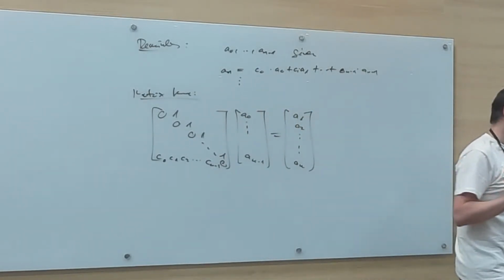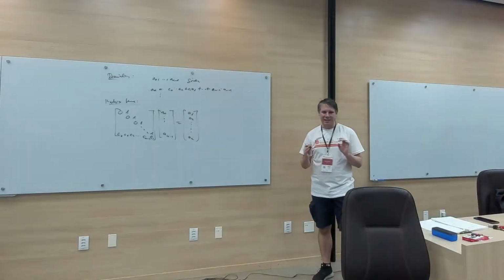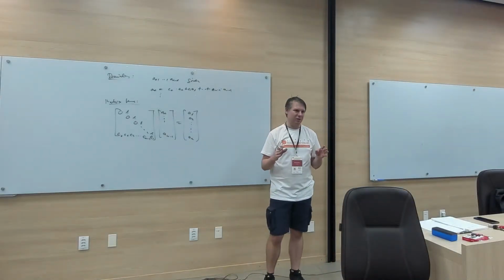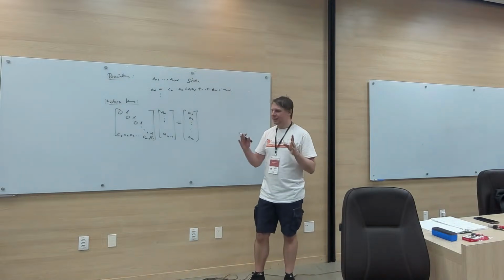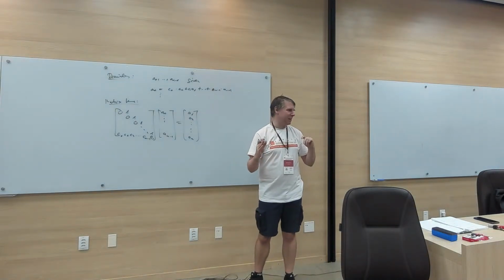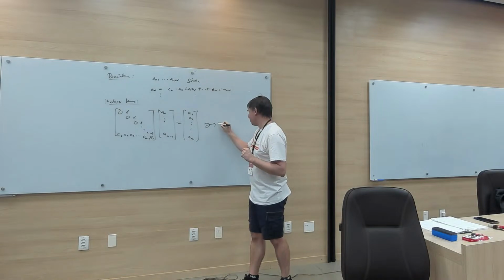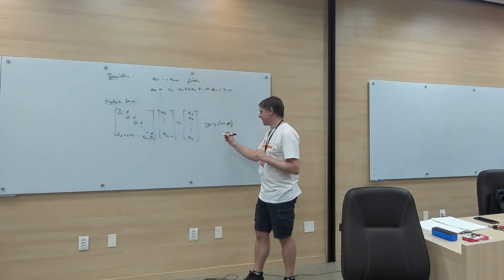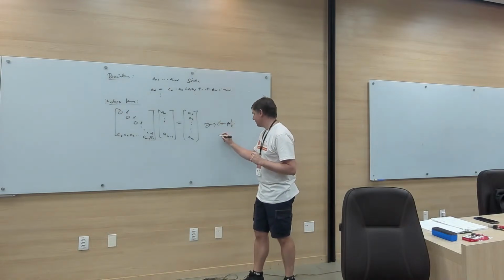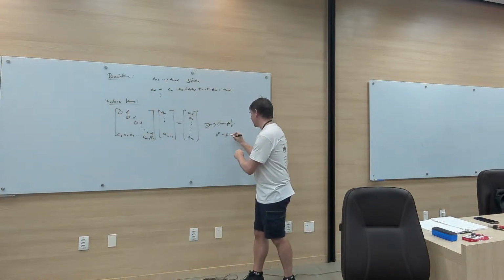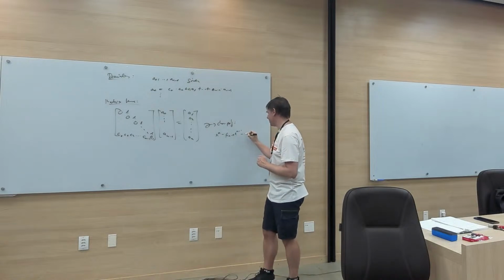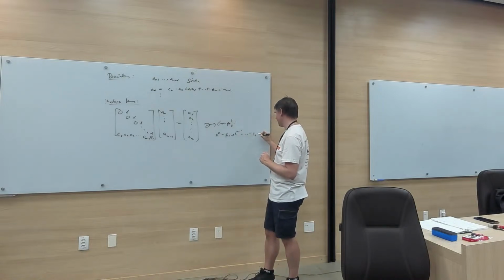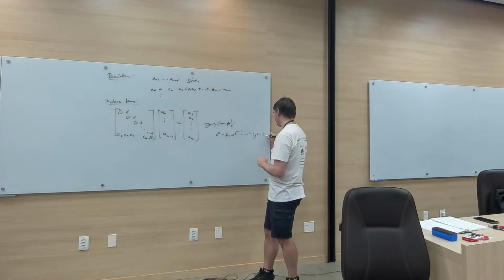And then there came a few results that I did not prove. One of them is easy to figure out by yourself. If you know what the characteristic polynomial is and how to calculate a determinant, then the characteristic polynomial is something like this: x to the power of n minus Cn minus 1 x to the n minus 1, minus and so on, minus C1 x minus C0.